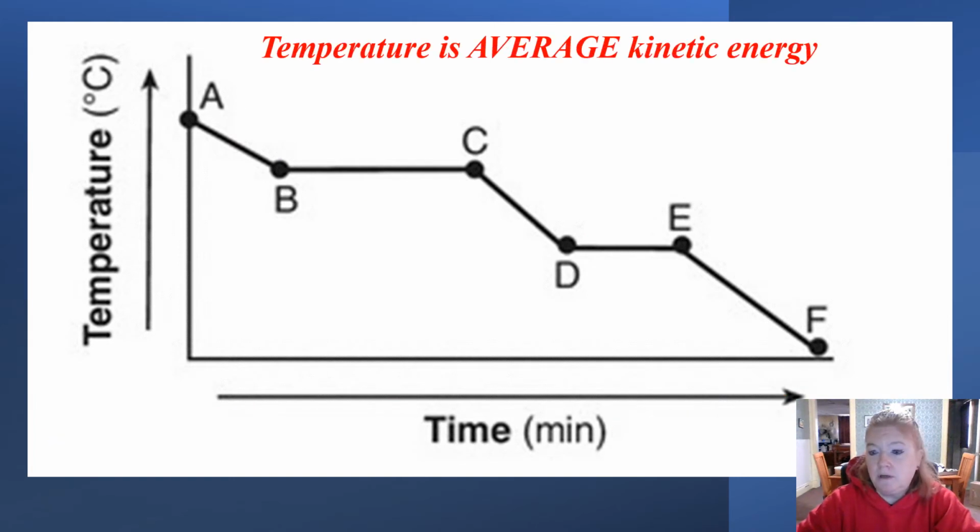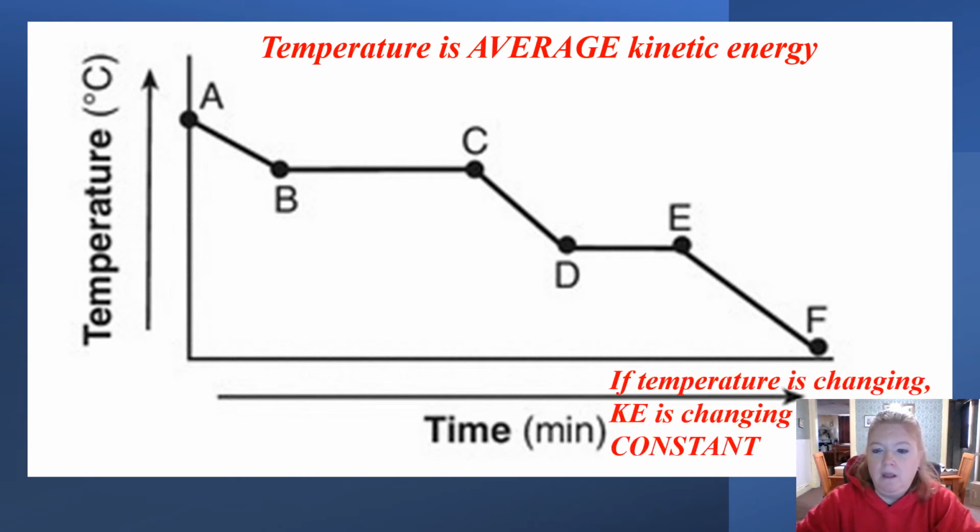What about potential? Well, let's see. Remember, temperature is average kinetic energy. If the temperature is changing, the kinetic is changing. So potential is constant. Remember, it's either kinetic or potential changing.